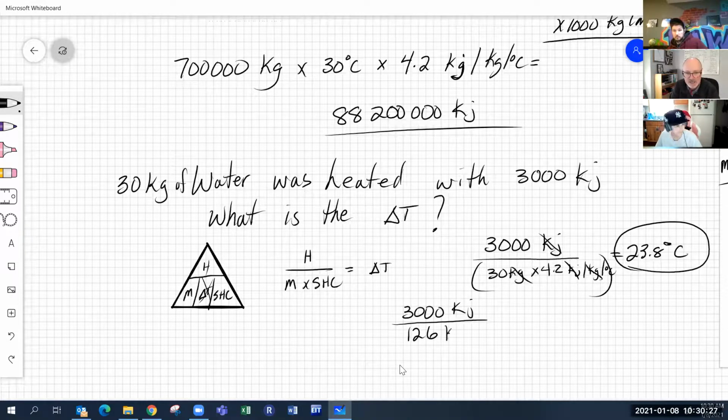And that's going to be kilojoules per degree Celsius because the kilograms get canceled out. And I'm left with degrees C. Okay. Awesome. That's fun.